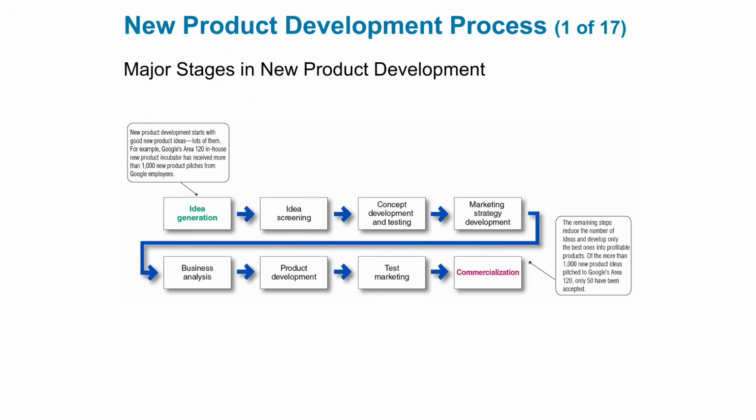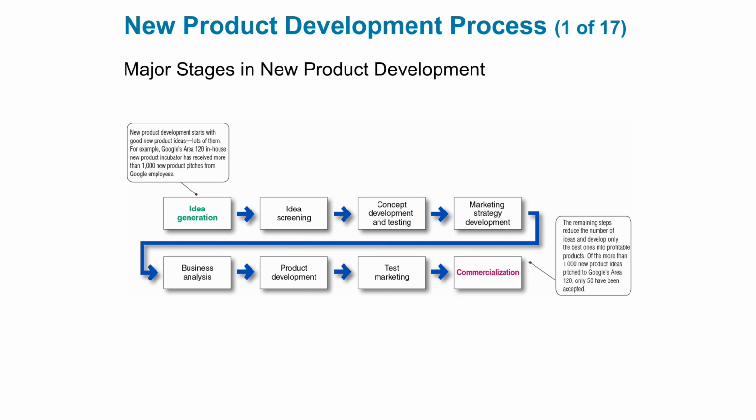Okay, now I was telling you about the new product development stages, and this is, I think, the most crucial topic. And as you can see, we have a lot of explanation in each one of them. In a lot of books we have only 6 stages. Here you have more than 6 stages. You have, as you can see, 1, 2, 3, 4, 5, 6, 7, 8 stages. So if you remember the 8, that is very good. Now I'm taking this information from the book of Armstrong and Kotler, and this information can be found in other books by other writers as well.